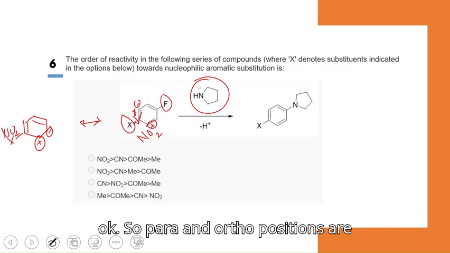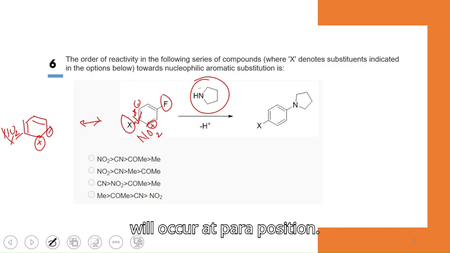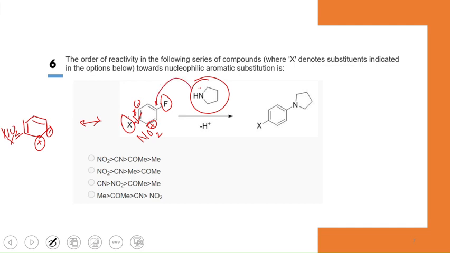Okay, so para and ortho positions are electrophilic. So substitution reaction will occur at para position, major product.